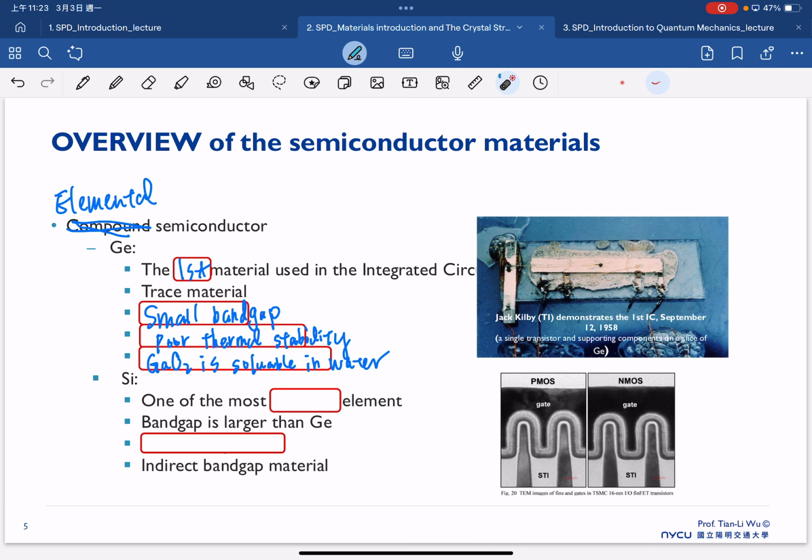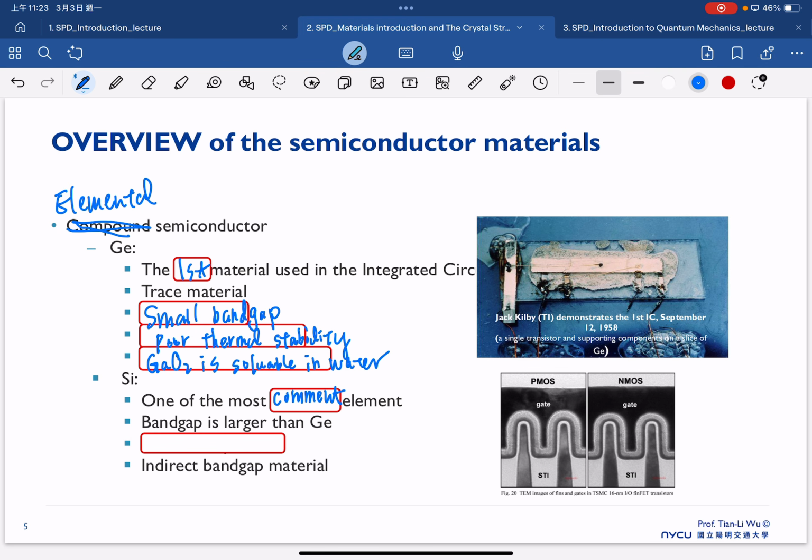that's why, although germanium is the first material discovered that can be used in semiconductors, afterwards people do not consider germanium as a main material anymore. However, they consider silicon, because silicon is one of the most common elements in the world, not like germanium. Germanium is a trace material, so that's difficult to find, but silicon is easy to obtain.